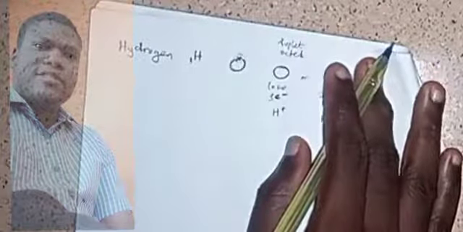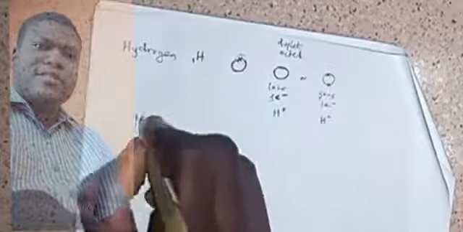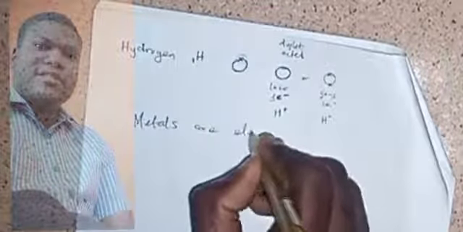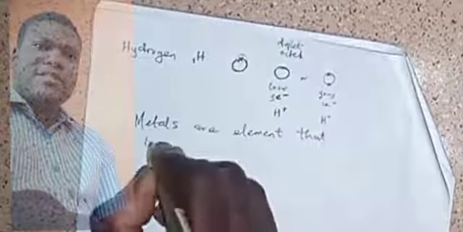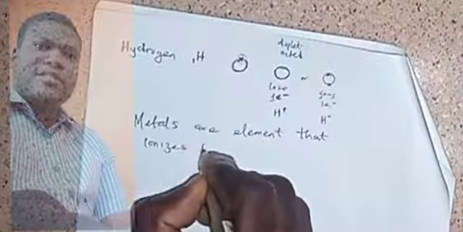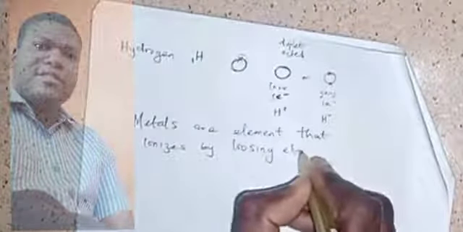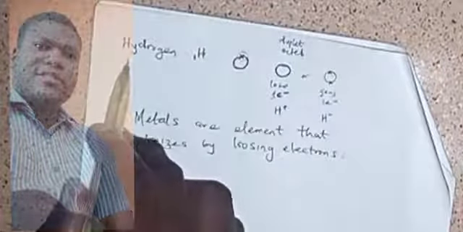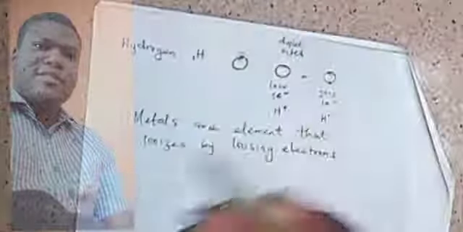And this is one of the foundations for identifying metals and non-metals. Metals are elements that ionize by losing electrons. Looking at this, hydrogen can either lose or gain the electron, so you can't simply say hydrogen is a metal.